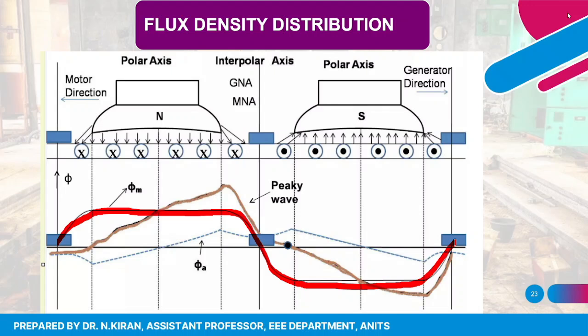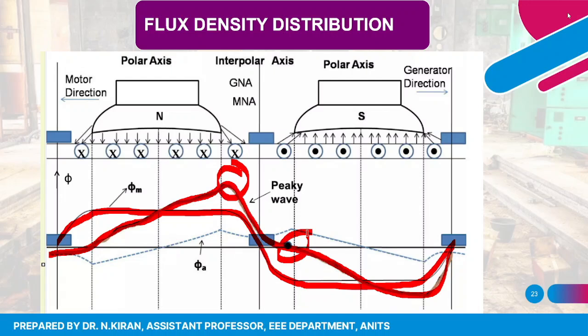When the armature flux is distorting the main flux, you can see how the waveform is getting changed and the maximum value of flux density is increased. As you can see from the diagram, the peak value has increased. The zero crossing also gets shifted by some angle.